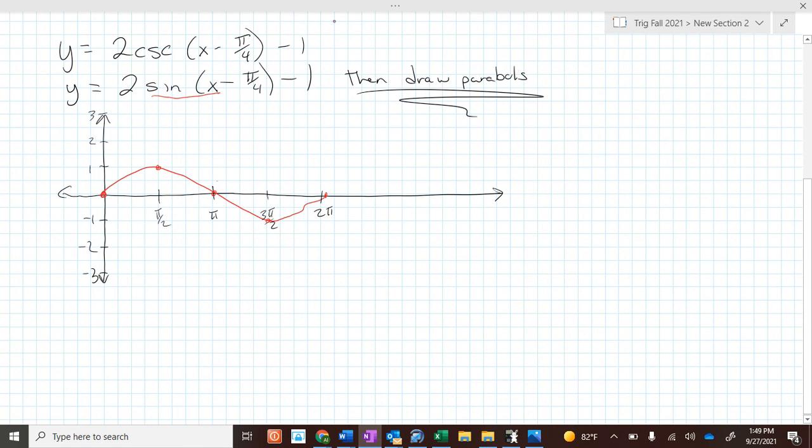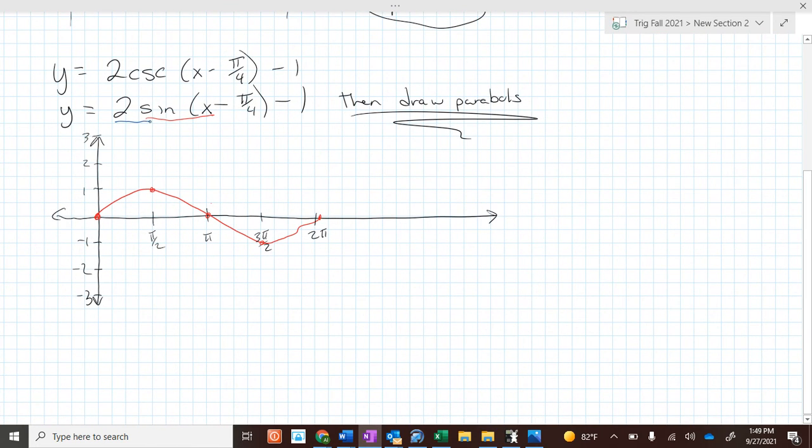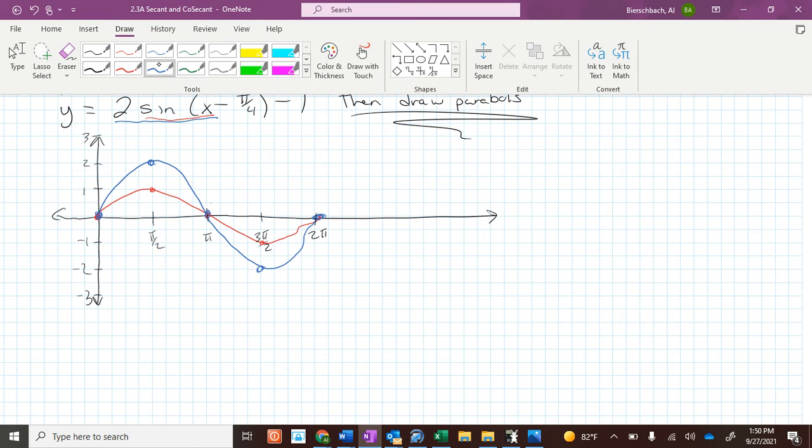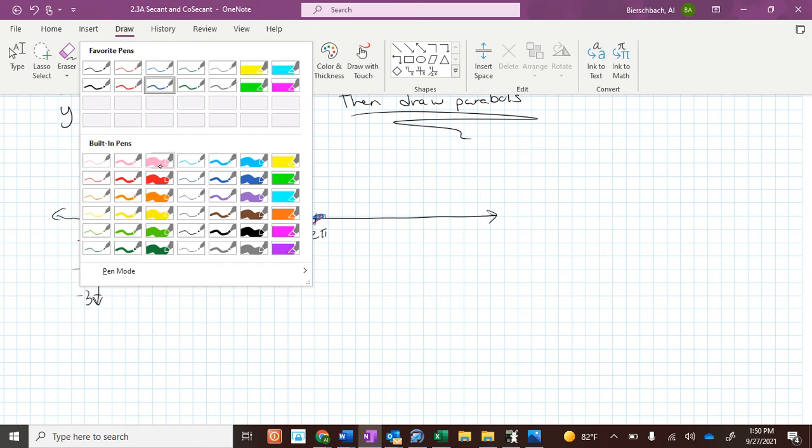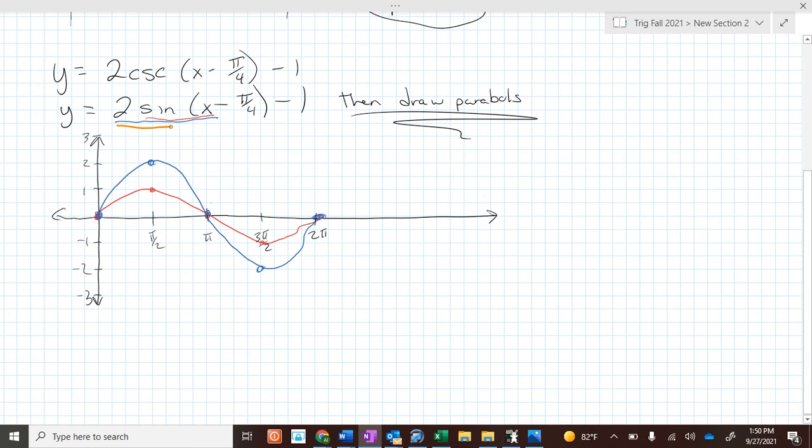Okay? And then what's next? Well, you work from the front to the back, so now it's 2 sine of x. So I'm going to underline that in blue. What does the 2 do to it? It affects the amplitude. Makes it twice as high, twice as low. Okay? Then, what does the minus pi over 4 do to it?